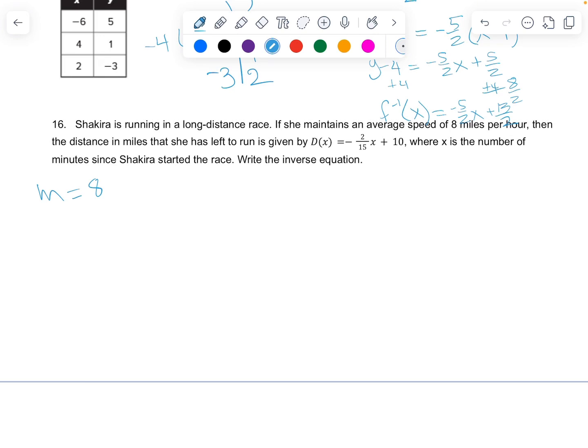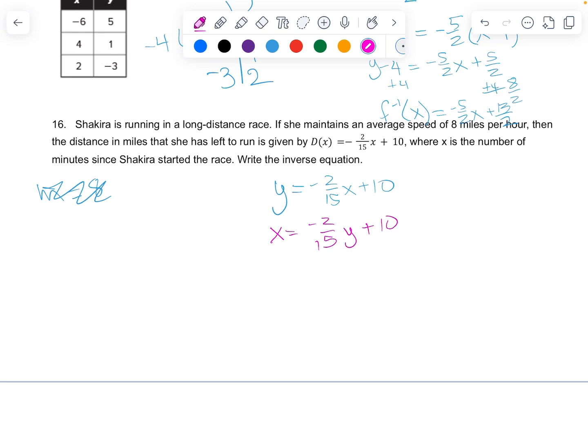Write the inverse. So the first thing is I change d of x to y. I change around my x and my y, so this becomes x. This becomes y. And I solve.